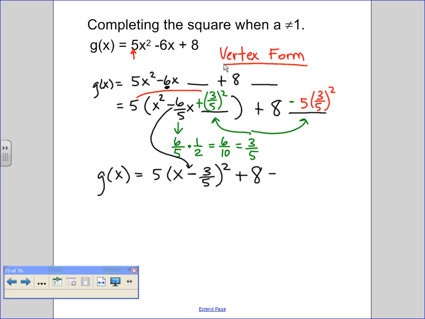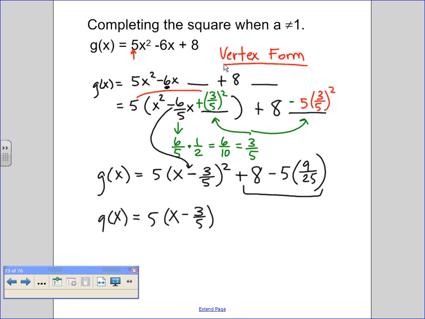So if we square the 3/5, we can go ahead and do that, and that's going to give us 9 over 25. Okay, and we need to do a little work to simplify this. So let's do that. And then that will give me plus 31 over 5.